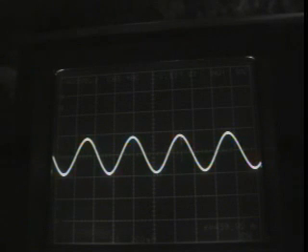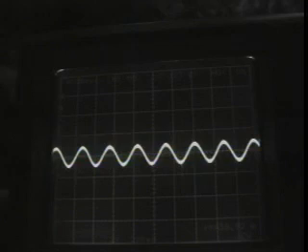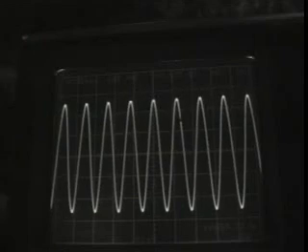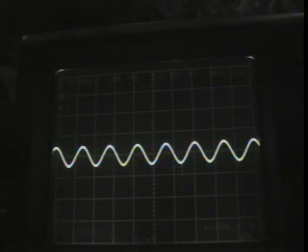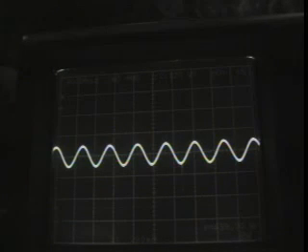And now I'm going to show you B5, which is 5 times smaller than B1. And the frequency, of course, is 5 times higher. You can hear it. There it is.